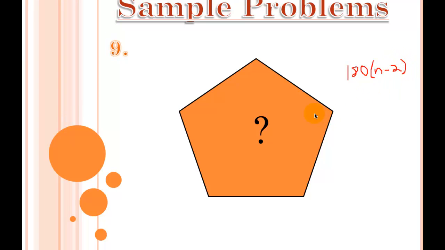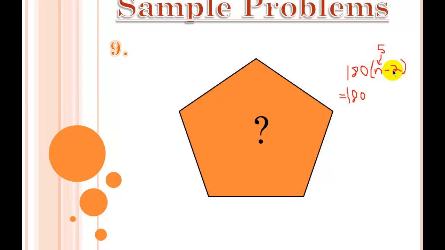So n stands for the number of sides of the shape, so let's substitute the values. 180, and n would equal 5.